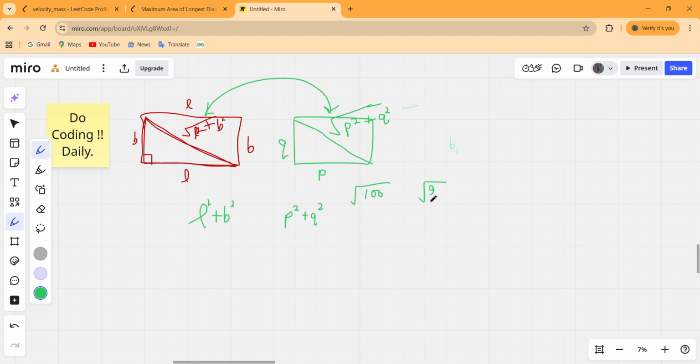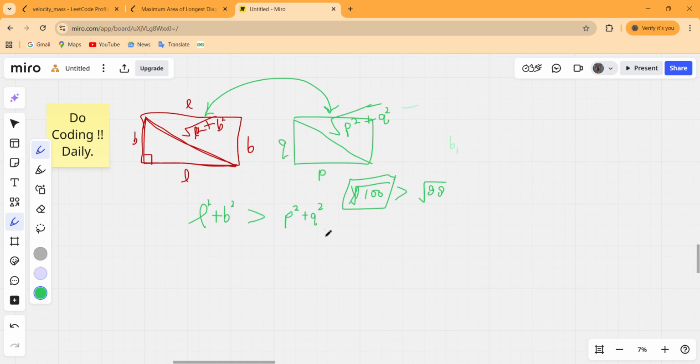So basically there is no use in finding this under root here. We all know that this will give us a larger answer than this. So instead of finding the under root, we can simply compare L square plus B square with P square plus Q square.